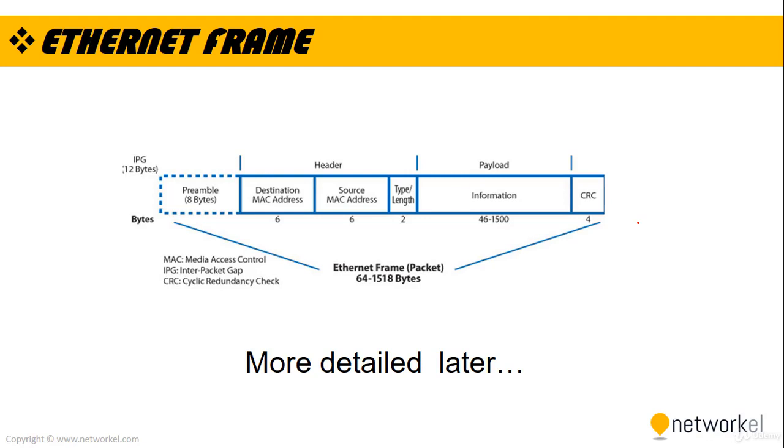Ethernet defines two units of transmission: packet and frame. The frame includes not just the payload of data being transmitted, but also addressing information identifying the physical media access control MAC addresses of both sender and receiver, VLAN tagging and quality of service information, and error correction information to detect problems in transmission.